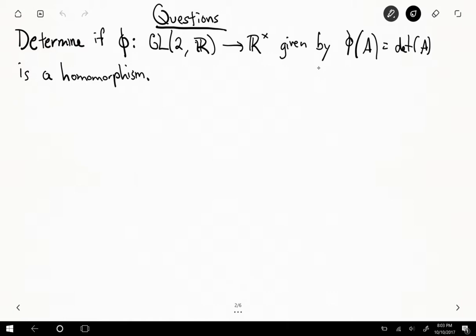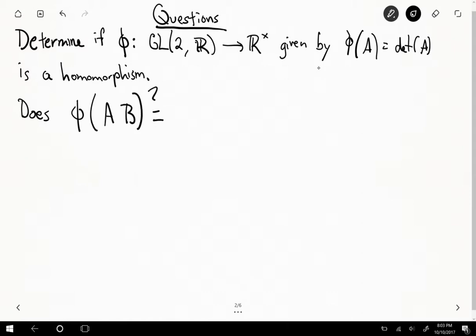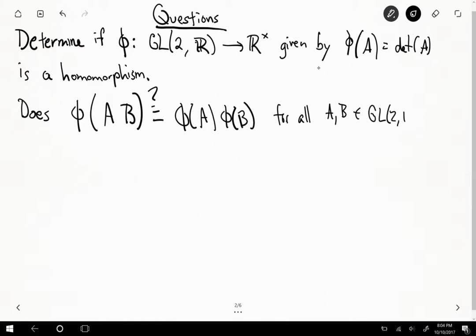The real question here is, does phi of AB equal phi of A times phi of B for all A, B in that set of 2x2 matrices?